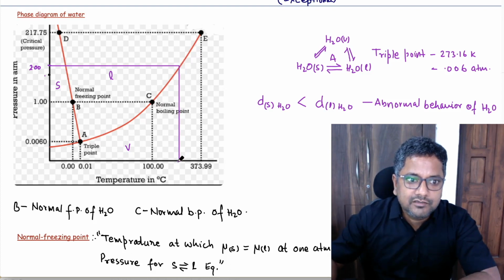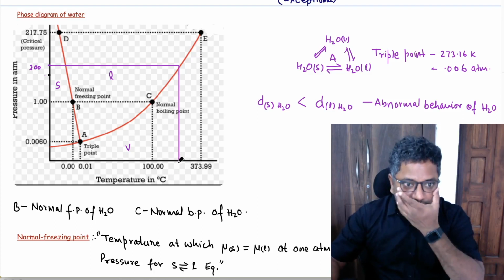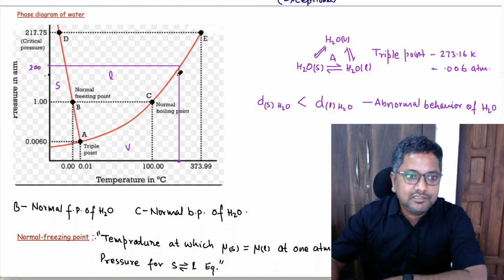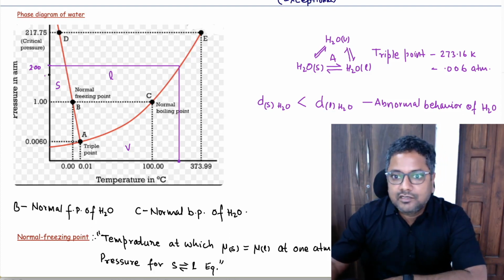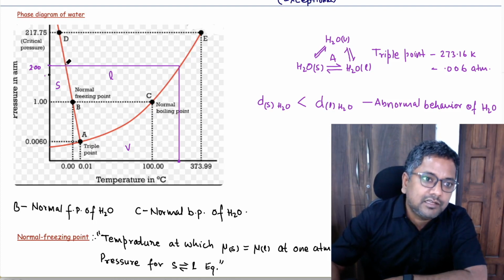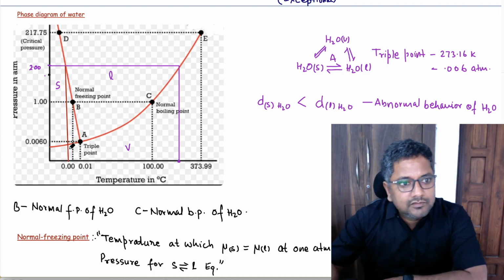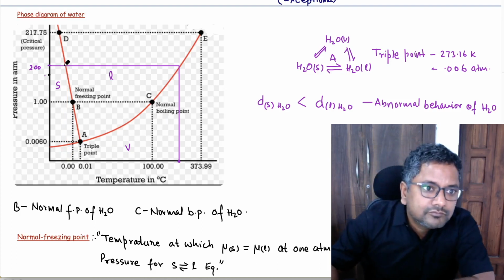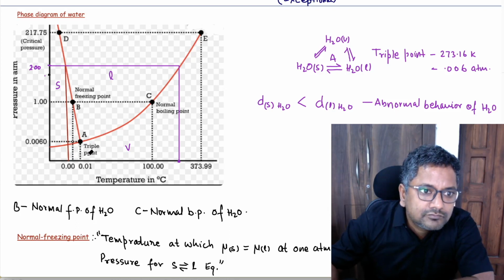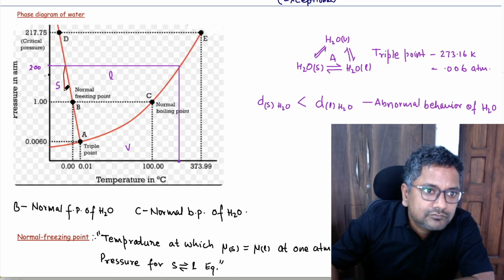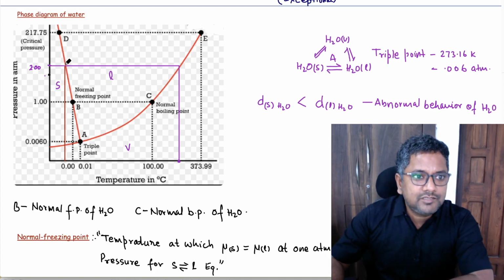Now see, the boiling temperature changes, the boiling point increases, and here the freezing point will decrease.